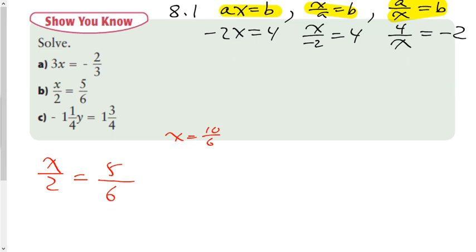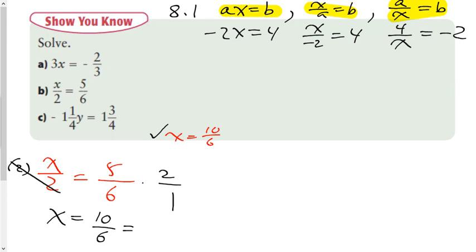Let's just double check. I'm going to isolate my variable by multiplying both sides by 2. Here, I do it like that. But over here, since I'm dealing with fractions, I'm going to actually multiply it by 2 over 1, or 2. Multiply the numerator, I get 10. Multiply the denominators, I get 6. Aha! Good mental math, Mr. Mac.